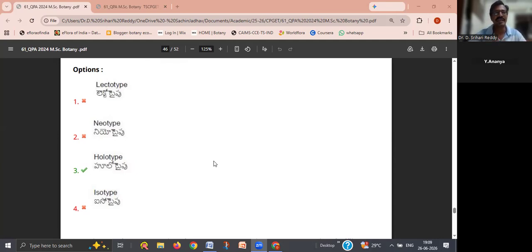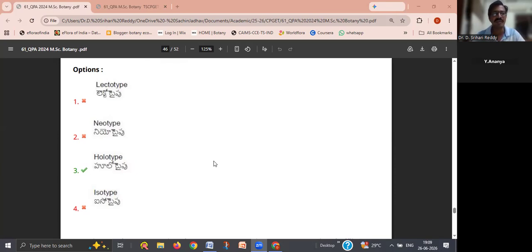And lectotype. What is lectotype? Other than the holotype and isotype, the next specimen. If we don't find them in the future, because we have so many specimens in the Royal Botanical Gardens, which were collected in 1900, 1857, 1860, 100 years back also, sometimes they may be lost, like holotype or isotype.